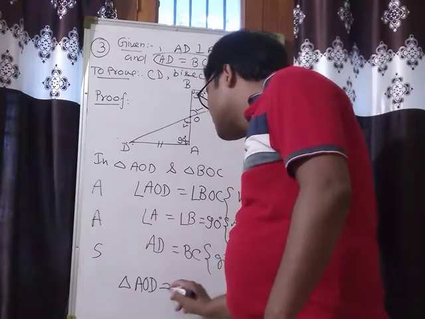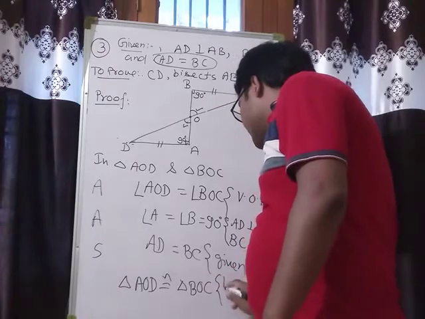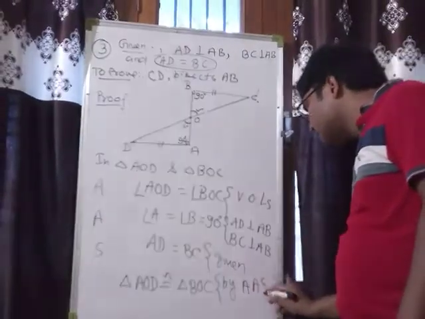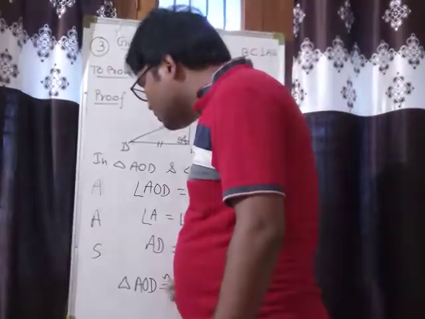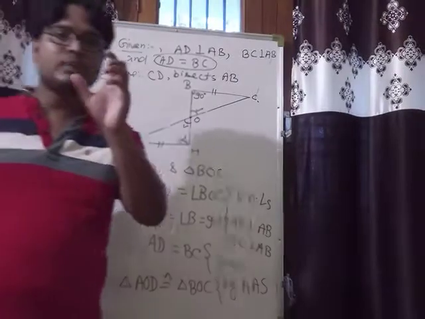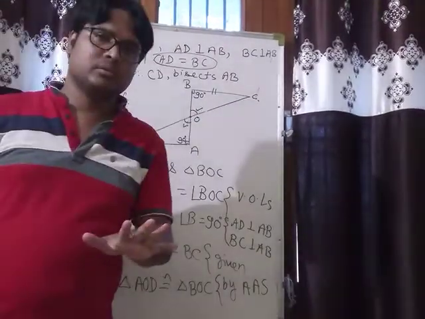Triangle AOD is congruent to triangle BOC by AAS congruency. And when two triangles are congruent, we know that their corresponding angles and corresponding sides will be equal.